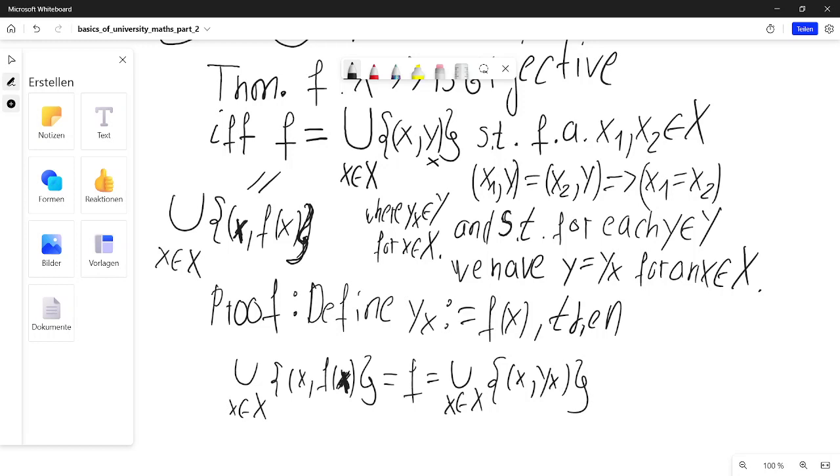we have that for an x element in X, right? Alright, then we have this thing, and we have said that this is just x1, f of x1, this is x2, f of x2, and hence that is just x1 equal x2 for these pairs if we have taken them from here, right?